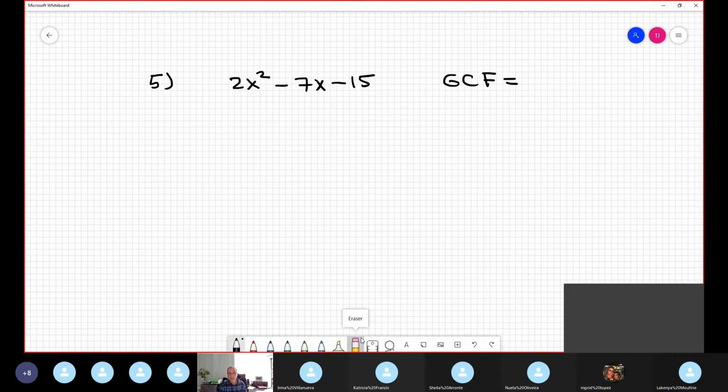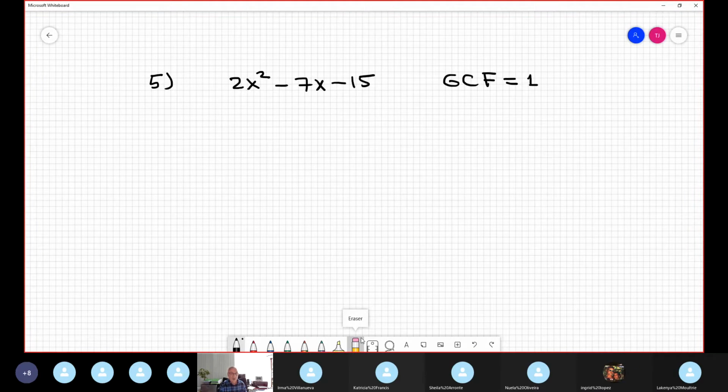No. So the GCF is 1, so it's totally useless. Now you realize that this gives me information that we are in front of a trinomial, and you multiply 2 and 15, 30. I don't care about the sign. The sign is not important. You multiply 2 and 15 without sign, and try to find the key to open the door.